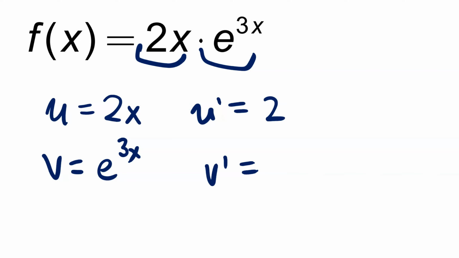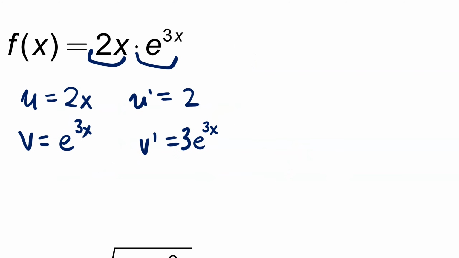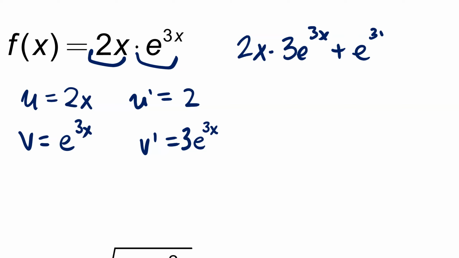So e to 3x, the derivative is e to 3x times the derivative of 3x, which is 3. So 3 times e to 3x. And then I'm going to use product rule. So u times v prime, so times 3 e to 3x, plus v u prime times 2.